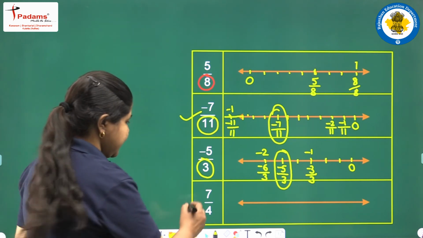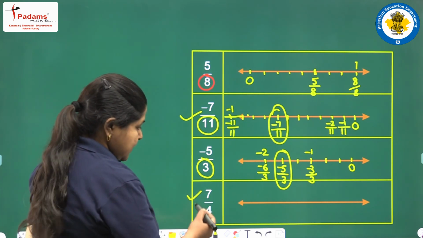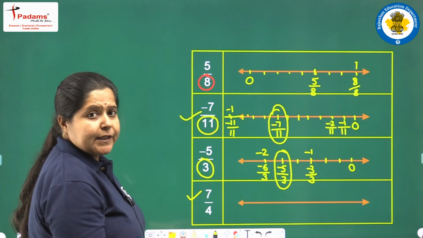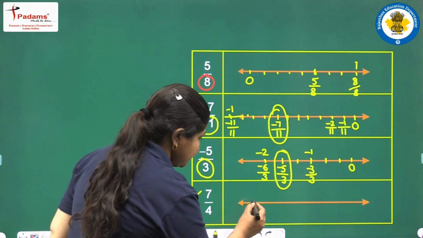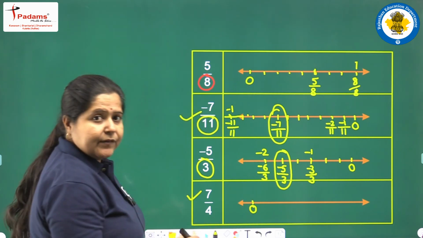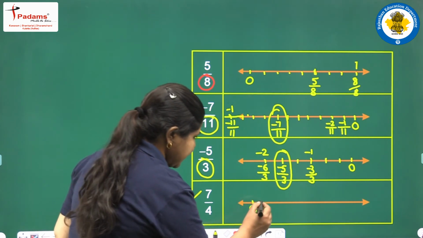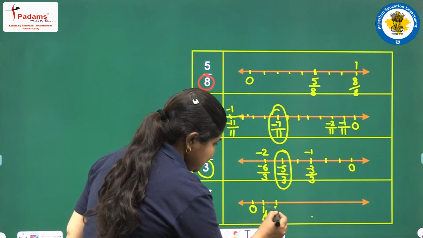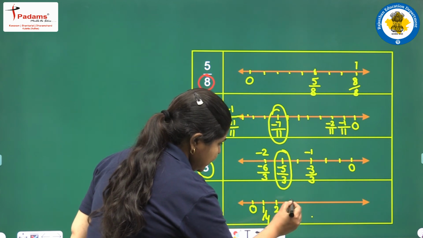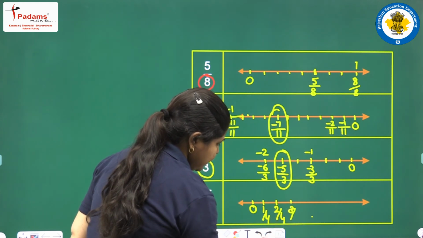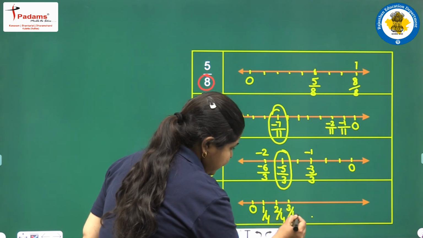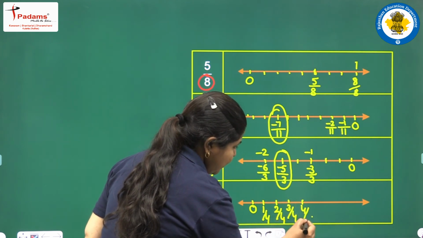Next we will take 7 upon 4. Since the number is positive, so it will lie to the right of 0. So we will have to take 0 to the left. Then we will keep on marking 1 by 4 and so on. 1 by 4, 2 by 4, 3 by 4, then 4 upon 4.